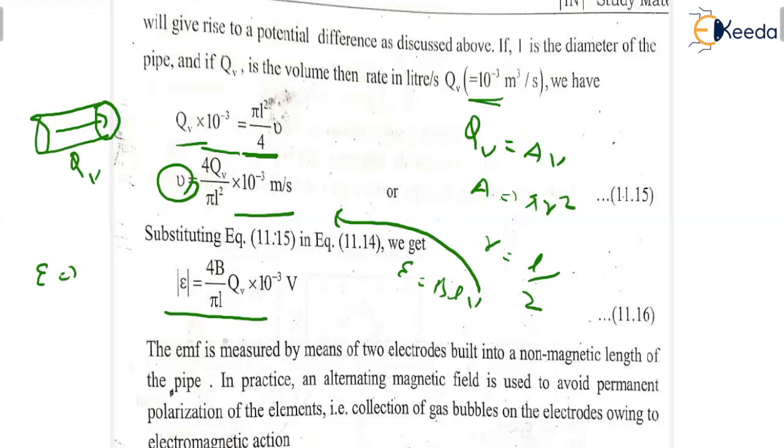Now, whatever EMF is measured by the two electrodes built on the non-magnetic length of the pipe, my dear students, an alternating magnetic field is used to avoid permanent polarization. This is regarding the general construction and the mathematical formulas based on it. We are going to see the numerical in the next section.